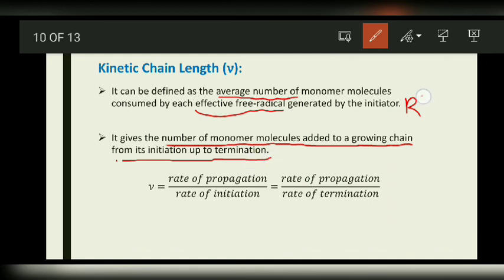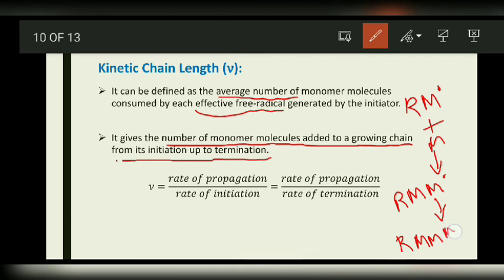So the first monomer gets added to this R dot, and it becomes RM dot. Then again this attacks another monomer and it gives RMM dot. Likewise it continues. Likewise, it consumes some more monomer units. So this number of monomer molecules will give the kinetic chain length.